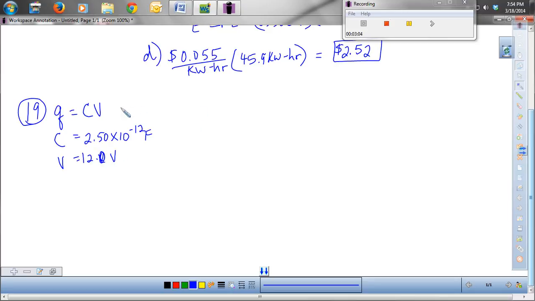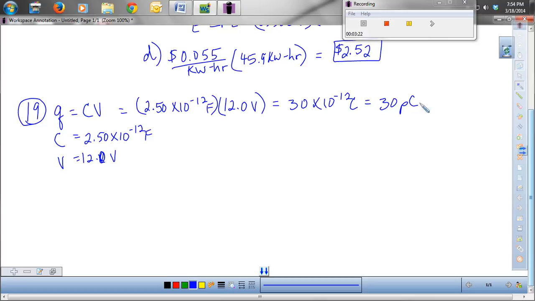So Q is equal to CV, so 2.5 times 10 to the minus 12 farads times 12 volts is 30 times 10 to the minus 12 coulombs, or you could say that's 30 picocoulombs, or you could write it as 3 times 10 to the minus 11th, same thing. So you can express it any of those ways.